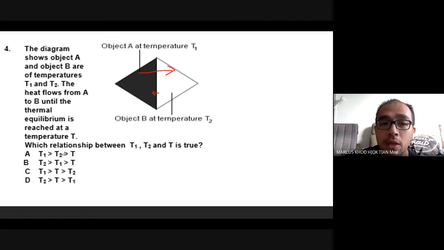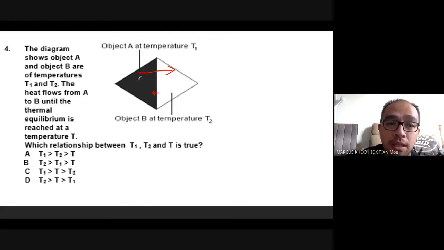But if T2 is more than T, sorry, hold on. That means this T2 is hotter than the thermal equilibrium temperature. Is that true?